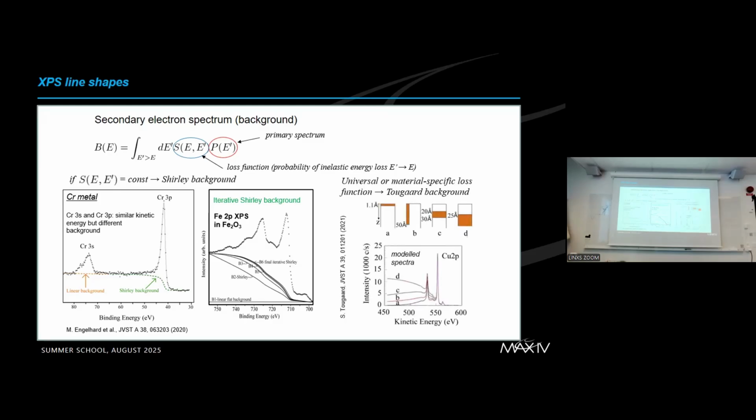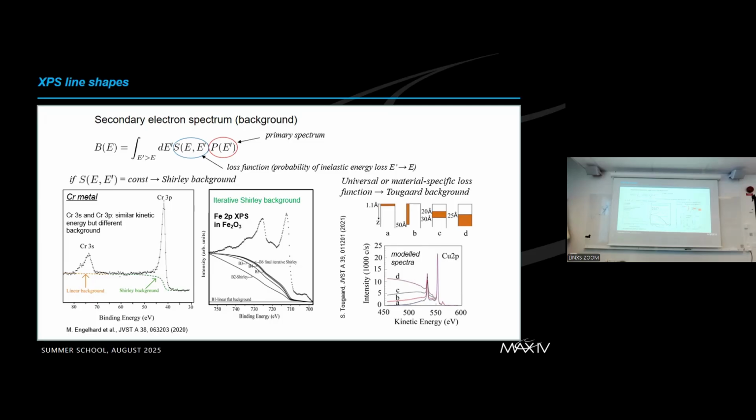And sometimes you have to use a Tougaard background, which is more complex. There you have to use a special loss function. It can be either universal or it can be material specific. It's normally a parametric function, and it's pretty complicated.